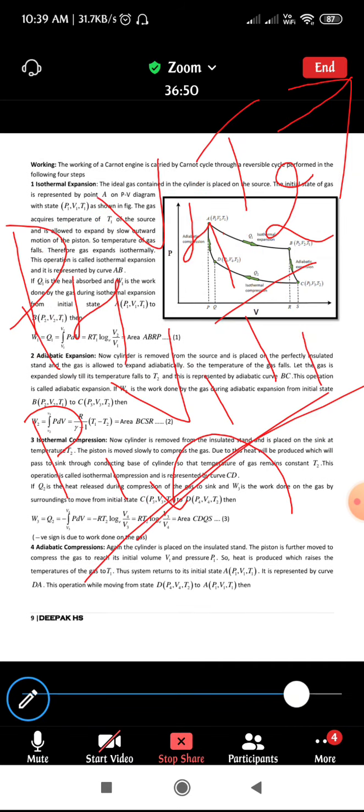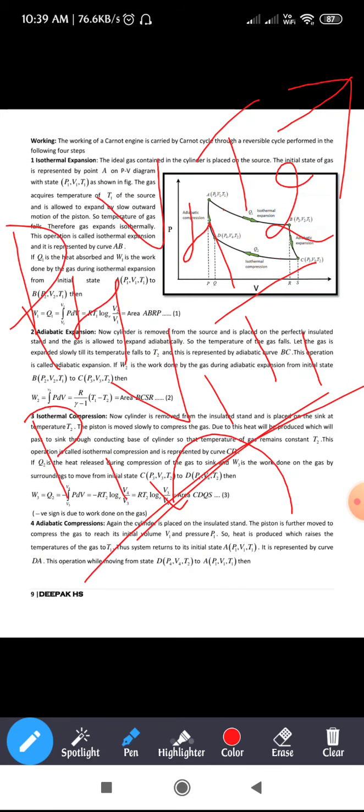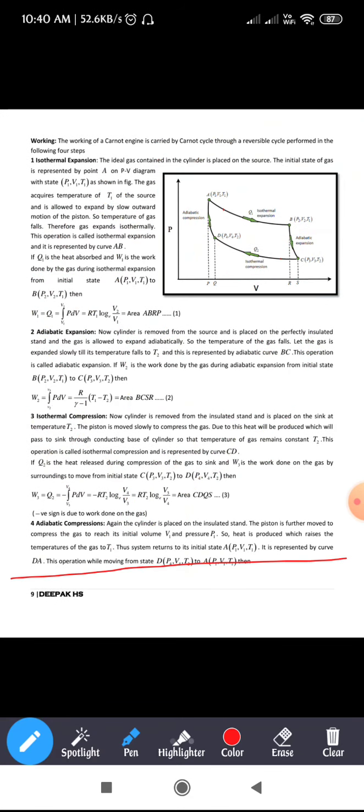That is what has been represented here. Again, the cylinder is placed on the insulated stand. The piston is further moved to compress the gas to reach its initial volume V1 and pressure P1. Whatever value we have got is nothing but the initial state, right? The initial state pressure, volume and temperature are P1, V1, T1. So the Carnot engine undergoes its various processes and comes back to its initial state.